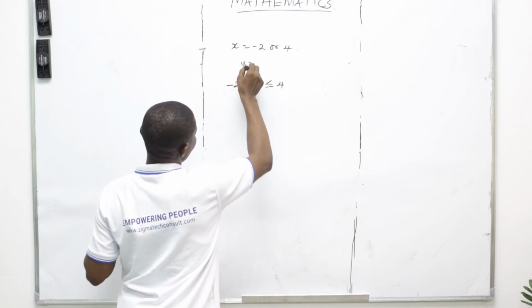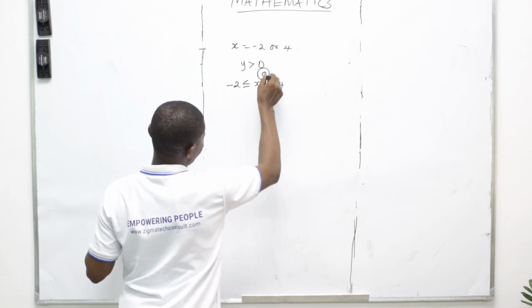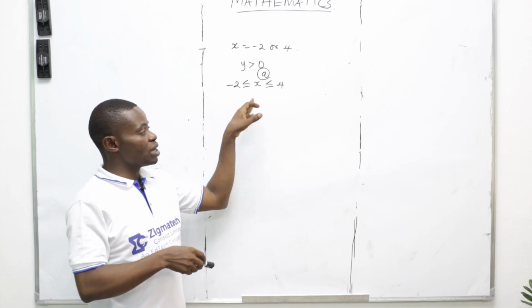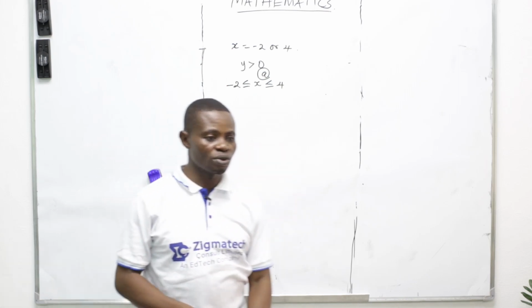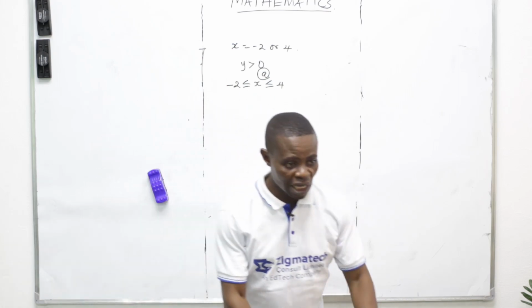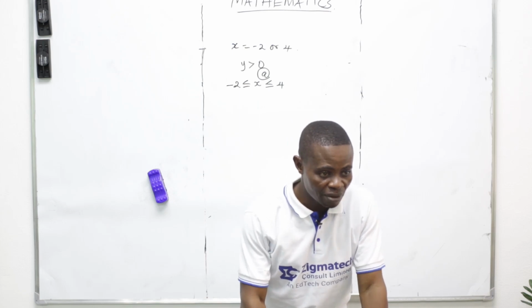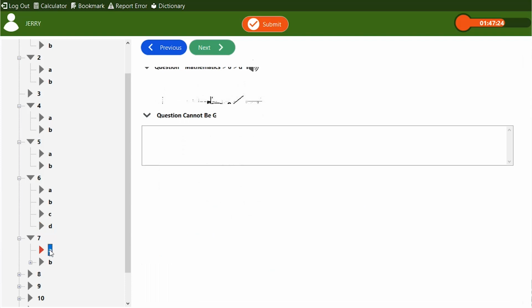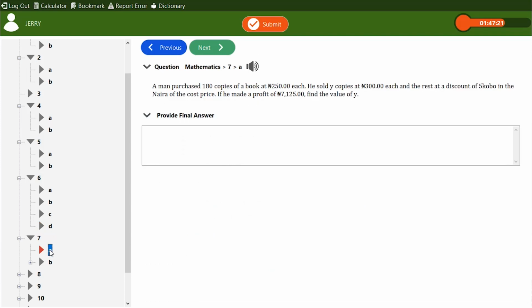So the value of y is greater than 0 at this point. Minus 2 less than or equal to x, less than or equal to 4. So that is the value which satisfies the question for y greater than 0. Question 7.